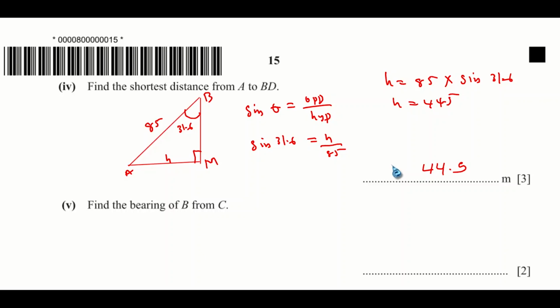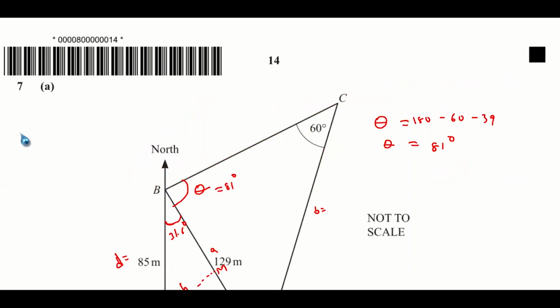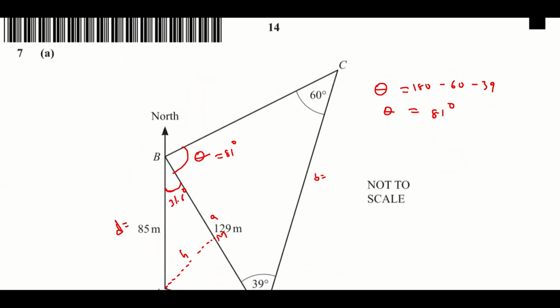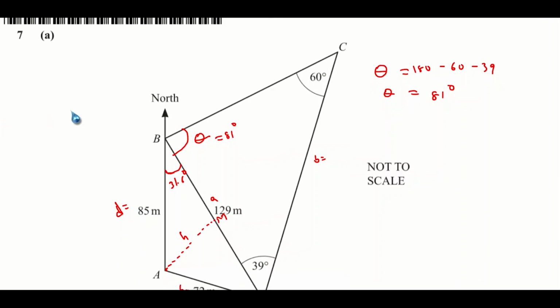So that is, find the bearing of B from C. So we need to go back to the diagram again. So we want to find the bearing of B from C. So here we need to do little adjustments.